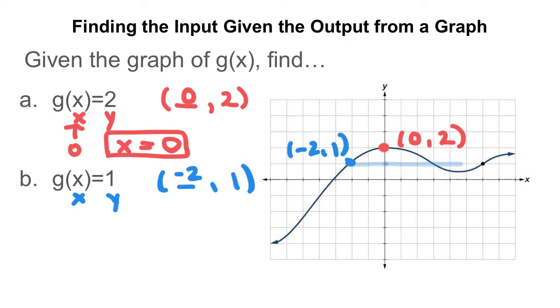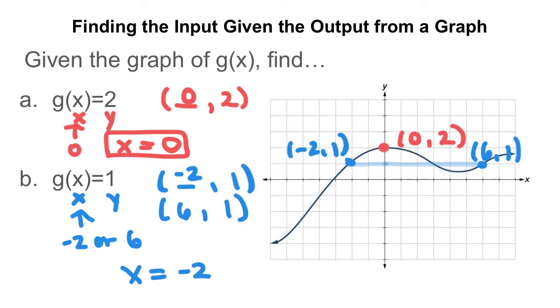However, I also have a point over here at 6, 1. So I could have -2, 1 or 6, 1. So since g could be either -2 or 6, this means that x could equal -2 or 6.